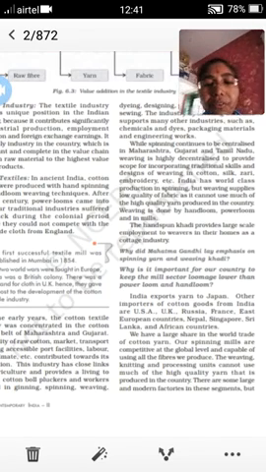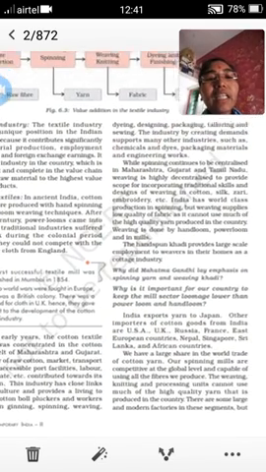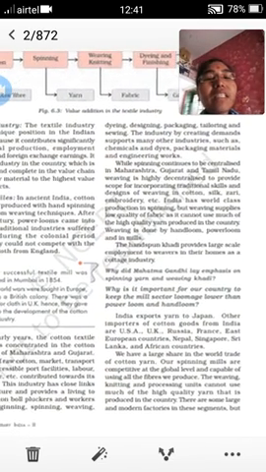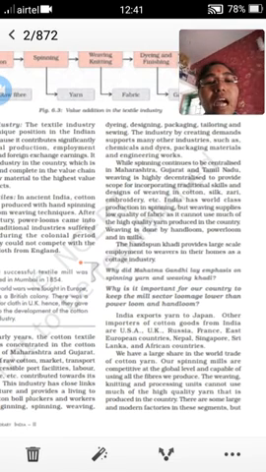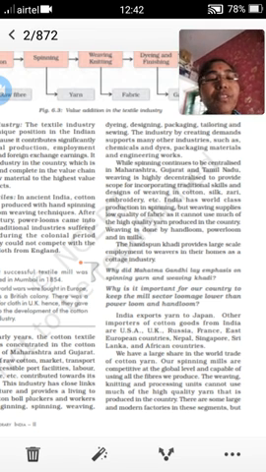For example, ginning, spinning, weaving, dyeing, designing, packaging and tailoring create different types of jobs in the textile industry.